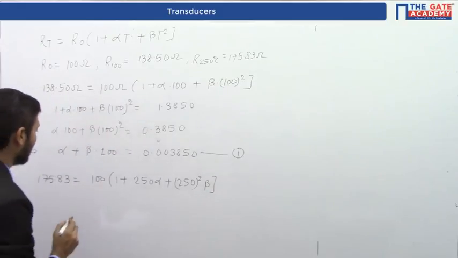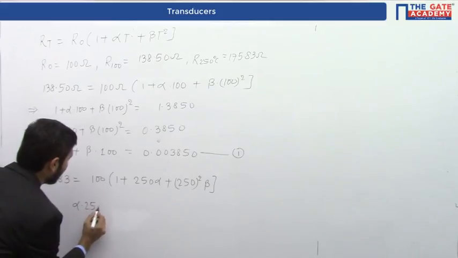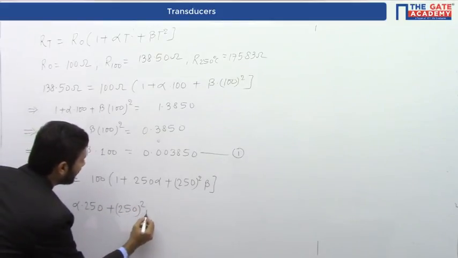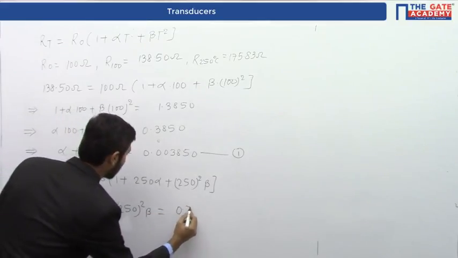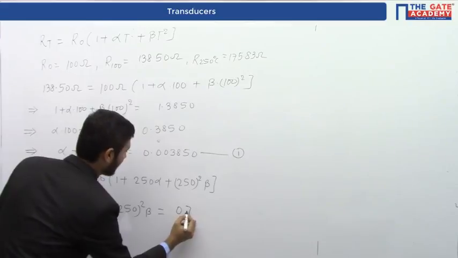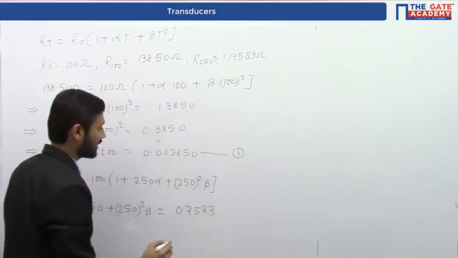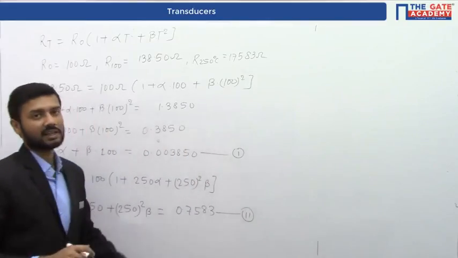This is the relation. So we will get alpha into 250 plus 250 square into beta equals 0.7583, and this is our second relation.